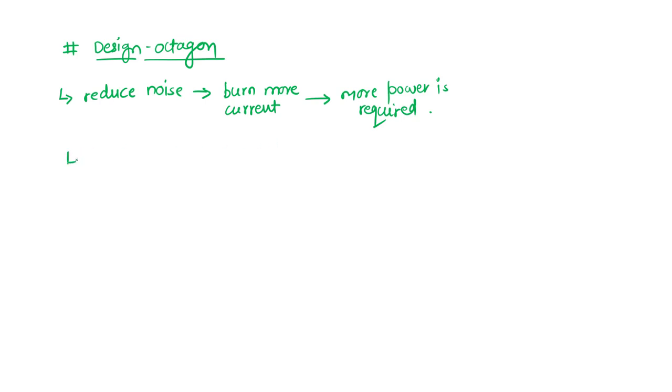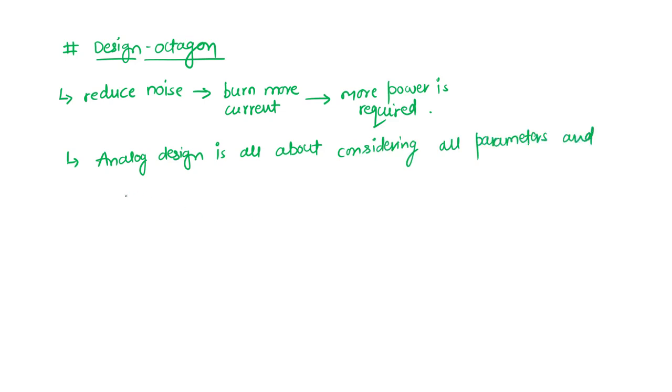So analog design is all about considering all parameters and limitations simultaneously. We cannot increase current much, we cannot increase the size much, because other parameters like frequency constants will also come into the picture. For example, if I want to reduce the GM of the loading device, then what are the possibilities?